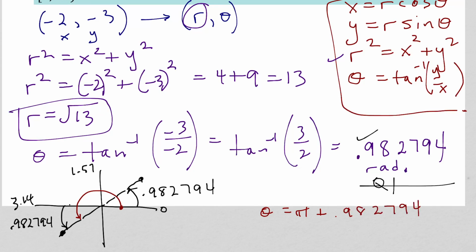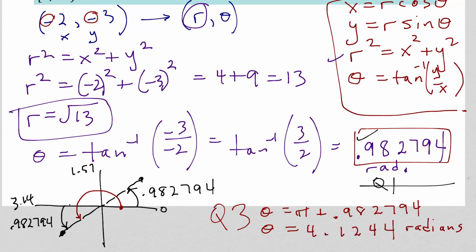This is pretty much the only tricky thing in this business: deciding which quadrant you're in. I know I'm in the third quadrant because I have negative x and negative y. So the value my calculator gives me for inverse tangent is the Q1 value, and I need to add pi to it to get my Q3 value.